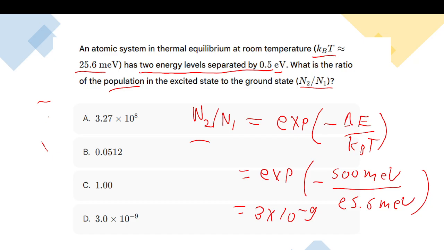If this is n1 and this one is n2, here you can see the energy gap, which is 500 milli electron volt or 0.5 electron volt, at room temperature.